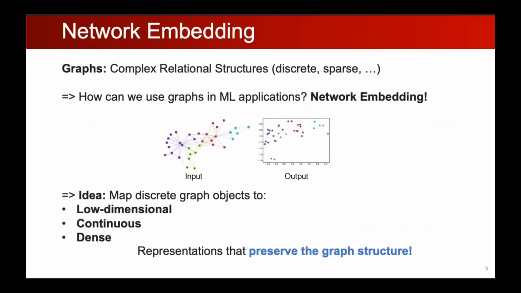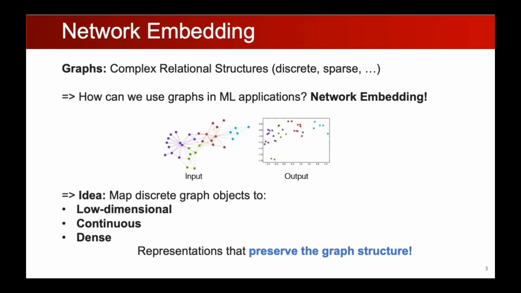And so formally the way people do this, at least for machine learning tasks, is using network embedding or graph embeddings. And so given the input, which is a complex relational structure, usually discrete, sparse, and high dimensional, we want to map the discrete objects to embeddings, which are low dimensional, continuous, and usually dense representations.